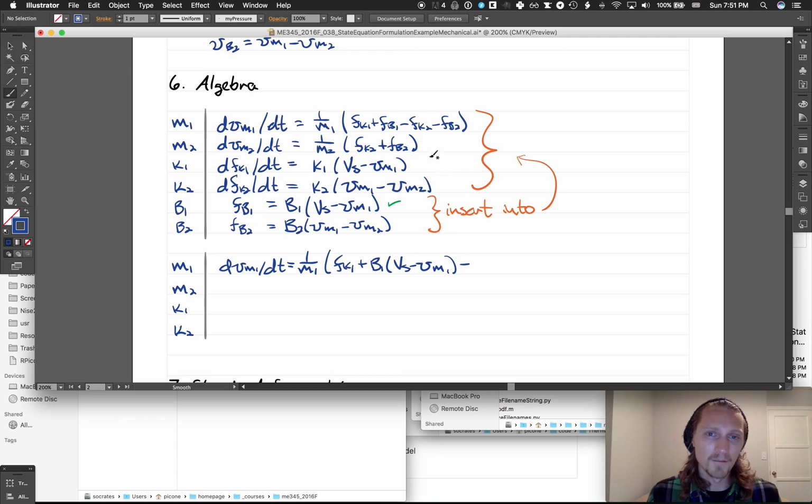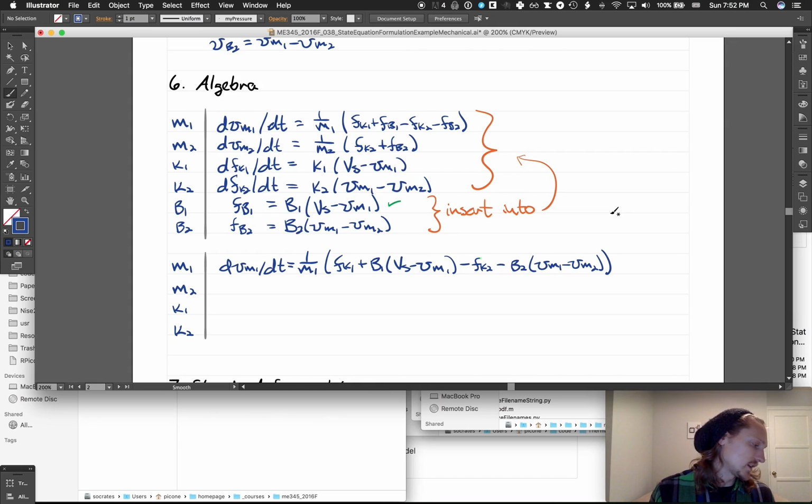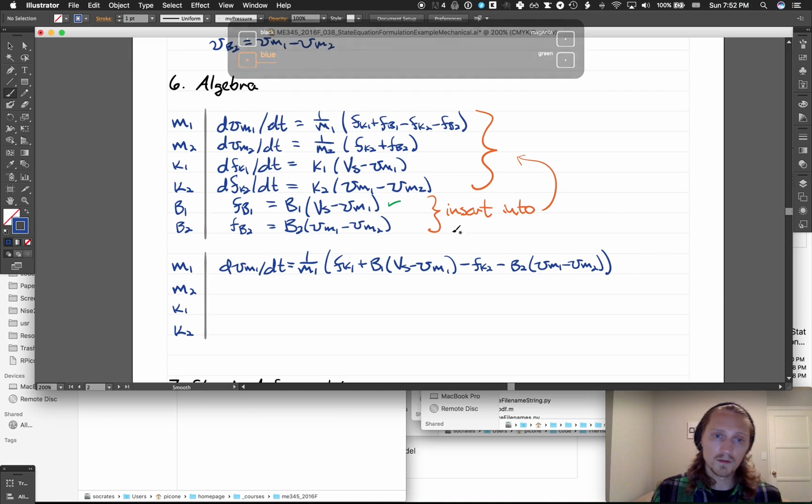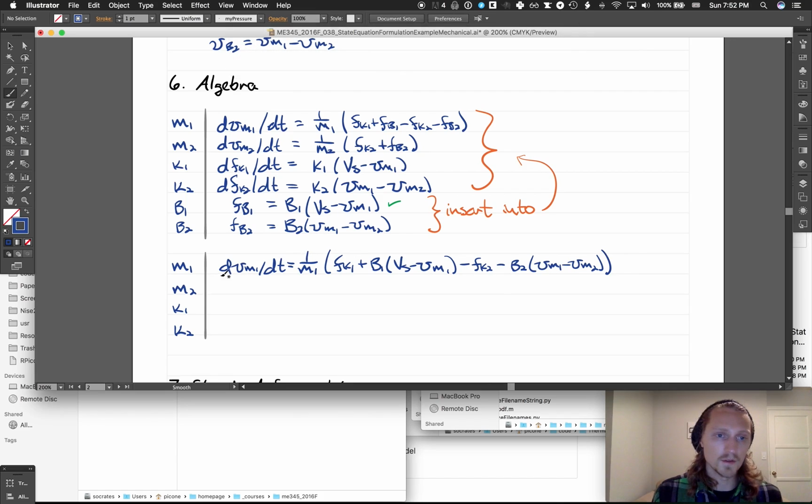Alright, so minus Fk2, which is a state variable, minus Fb2, which is given by this expression, b2 times (vm1 minus vm2), and we have another parenthesis to close. Alright, so that is our state equation for this first row.